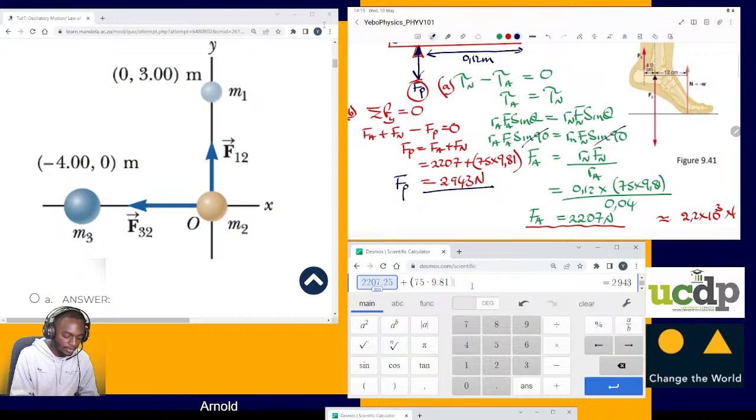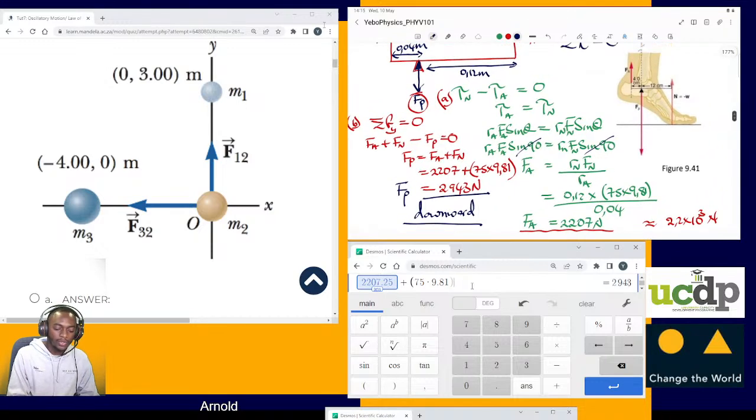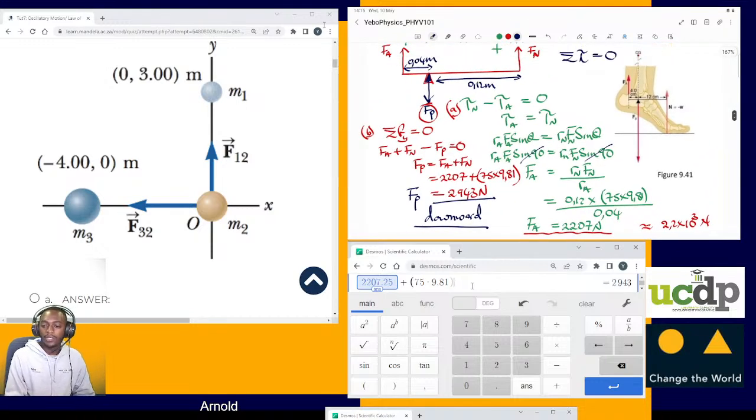And according to the diagram, it's a downward force. All right, so that is essentially what we were expected to do. So we have literally covered all the questions that were on section 14.5.